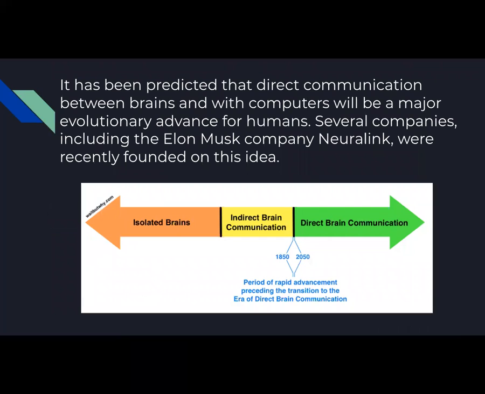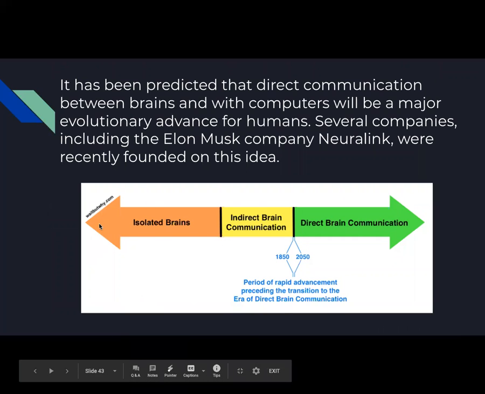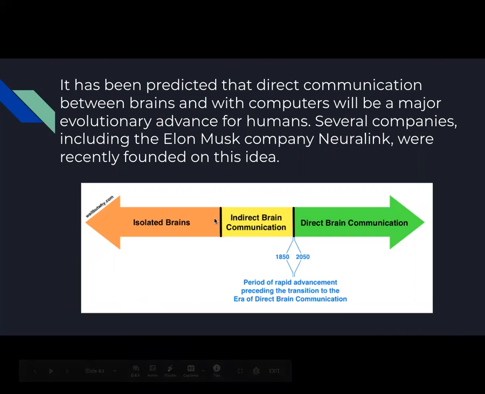And it's been predicted that direct communication between brains and computers would be a major evolutionary advance for humans. And there are several companies like Elon Musk's Neuralink that were founded on this idea. So I really like this graphic where in history, there are several isolated brains.